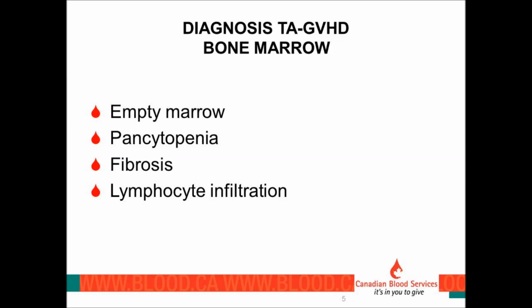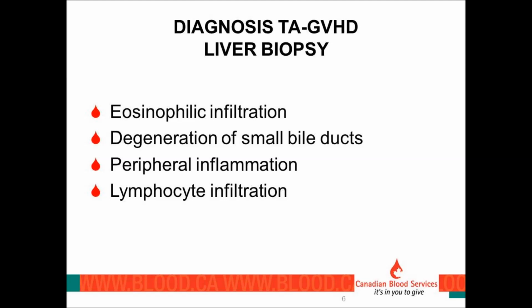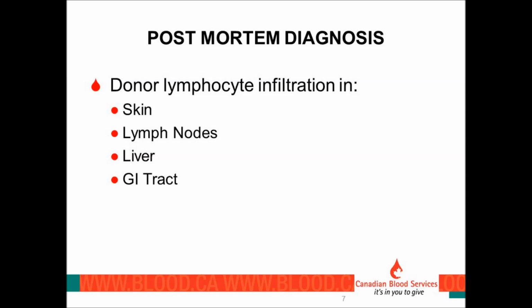A bone marrow would show an empty marrow, pancytopenia, fibrosis, and lymphocyte infiltration. The liver biopsy would show eosinophils in the liver, degeneration of the small bile ducts, peripheral inflammation, and lymphocyte infiltration. If the patients went on to die and a post-mortem examination was done, we would find donor lymphocyte infiltration in the skin, the lymph nodes, the liver, and the GI tract.